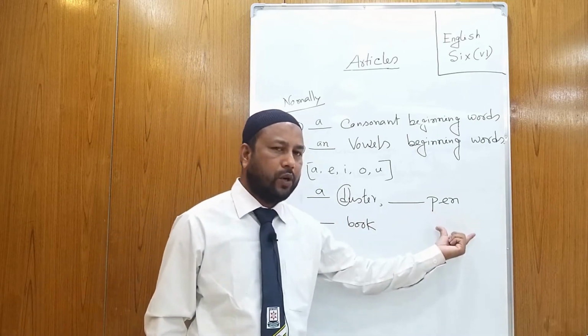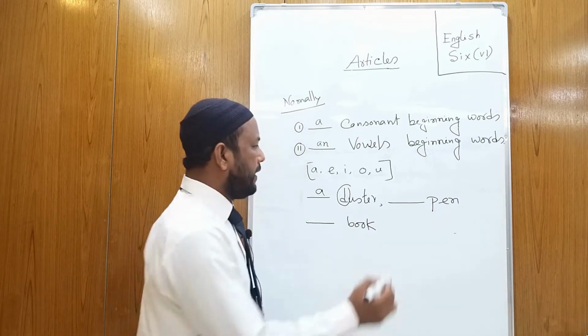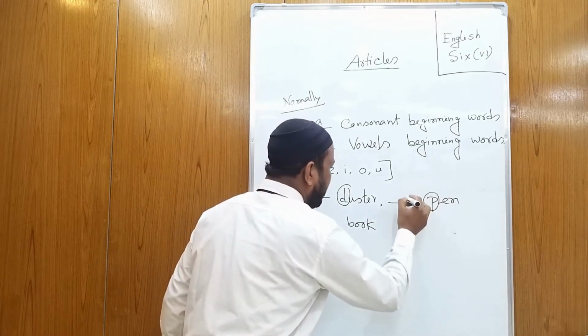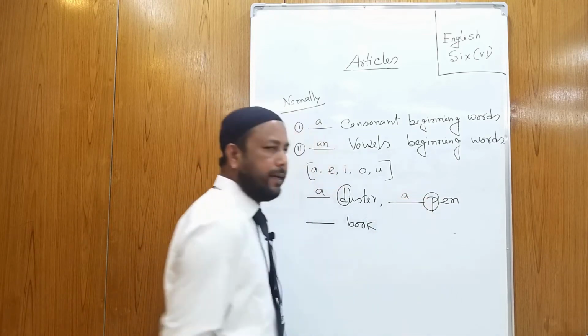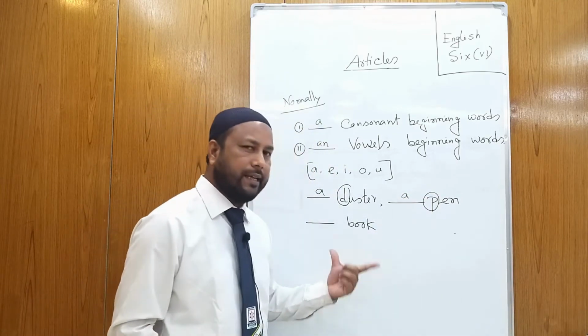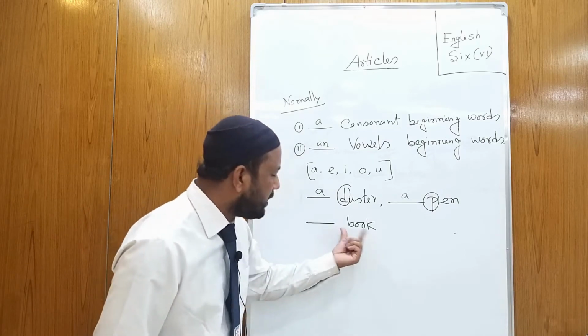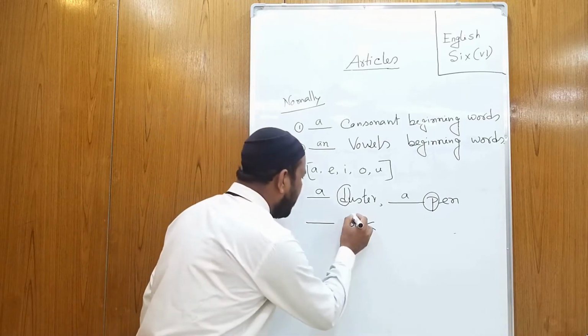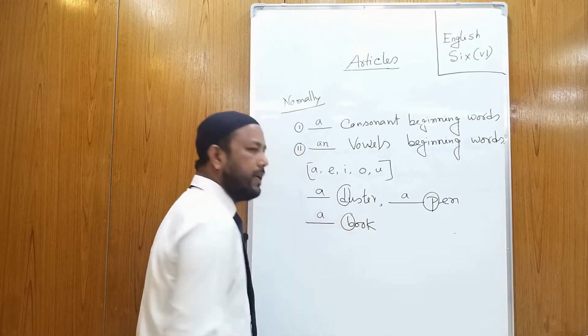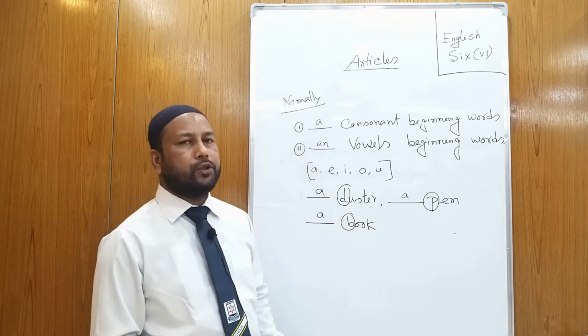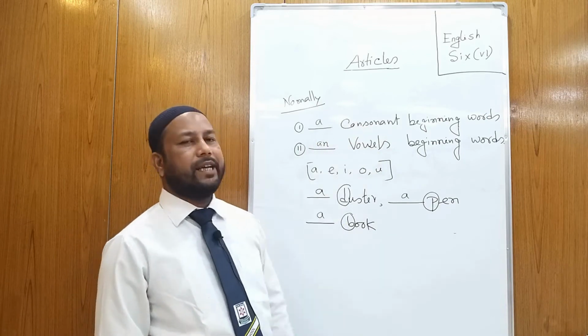Similarly, here is a word, it is pen. The first letter of pen is a consonant. That's why we use a. The third one, here is another example. The first letter of this word is B, that is a consonant, and we use a. I think it is clear to you, consonant beginning words.